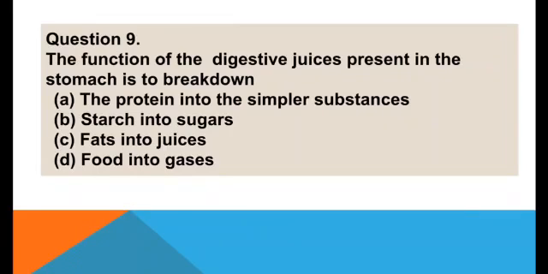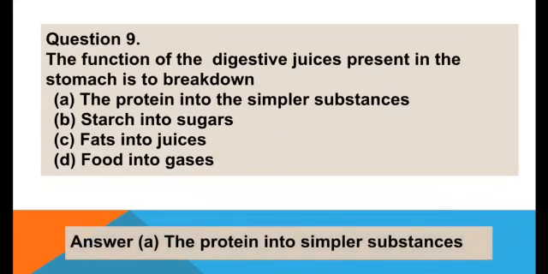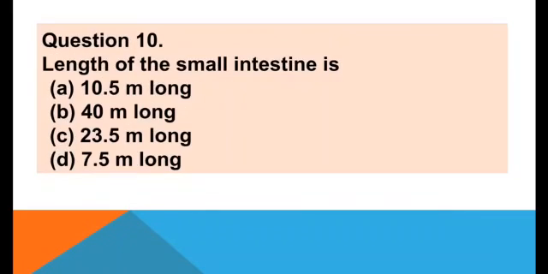It helps in the digestion of the food. So the function of the digestive juices present in the stomach is to break down what? The protein into the simpler substance, because the digestion of the protein starts in the stomach.